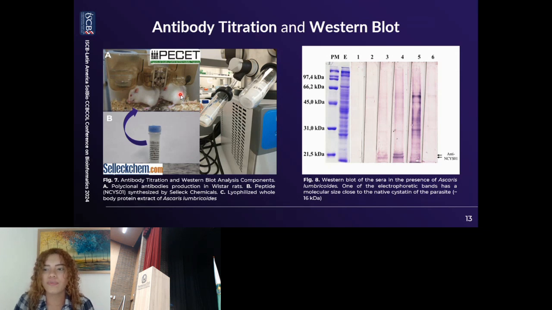The capacity of these sera to recognize Ascaris lumbricoides was confirmed through the Western blot analysis, which is shown here in figure A. Here we managed to detect five major electrophoretic bands, one of which shows a molecular size close to the native cystatin of the parasite, which is around 16 kilodaltons.